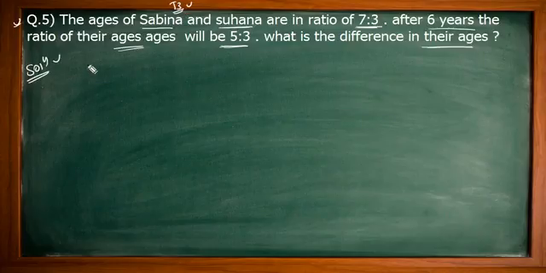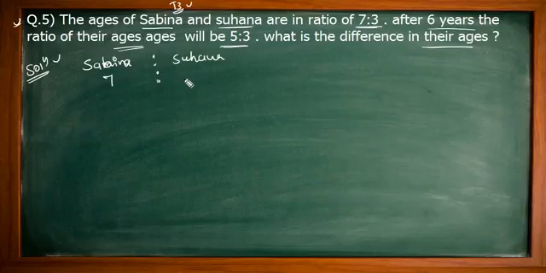See here, the first lady is Sabina, and the second is Suhana. The ratio of Sabina and Suhana is 7:3.